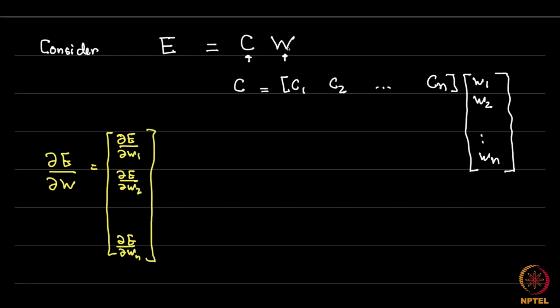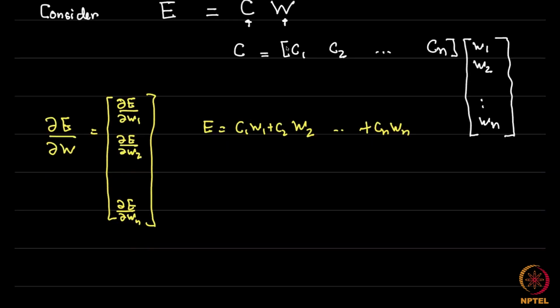So all we need to find out is E is now a scalar. Remember, E is a scalar, C is a vector, W is also a vector, but C is a 1 cross n vector or 1 cross n matrix, and W is an n cross 1 matrix. So E is actually a scalar which is equal to C1W1 plus C2W2 up until CnWn.